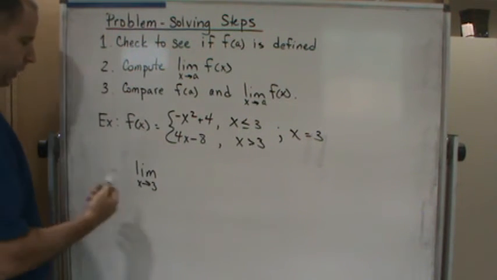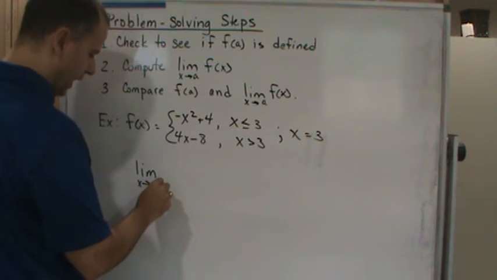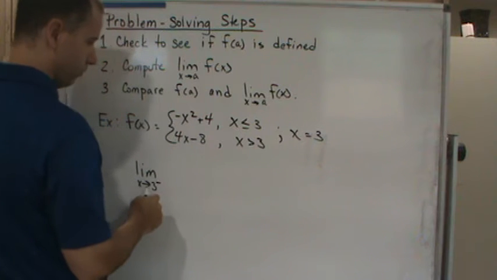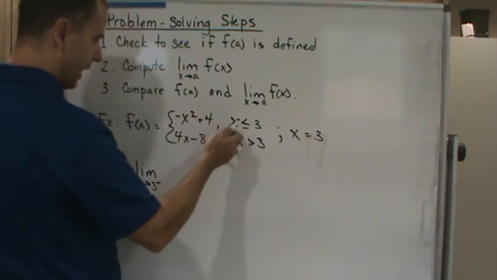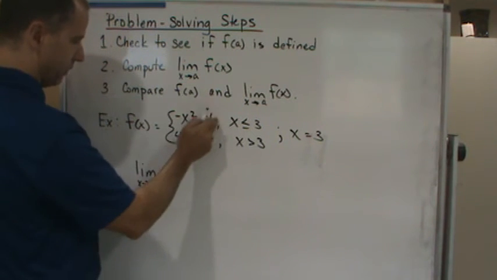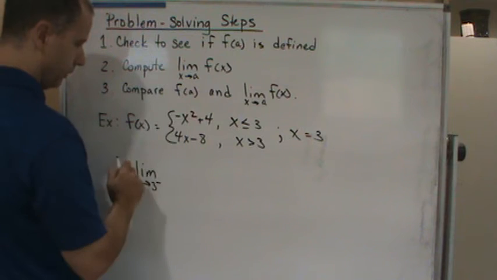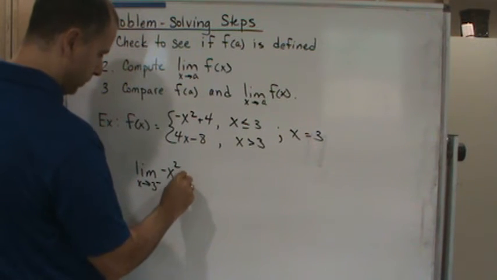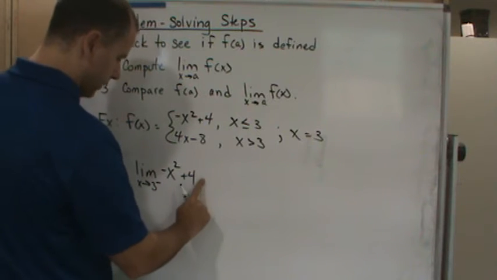Okay, so let's do the limit from the left. On the left side, we're going to be less than, right? Now here's the thing, we can evaluate this. The limit from the left is going to be based on this rule, which means we're going to do negative x squared plus 4.